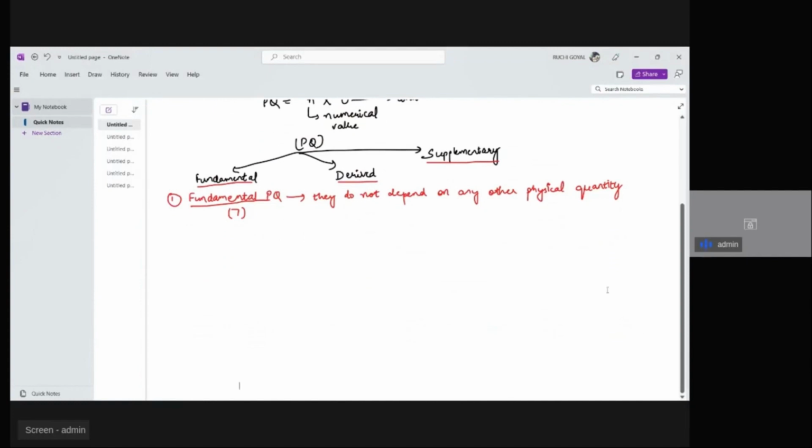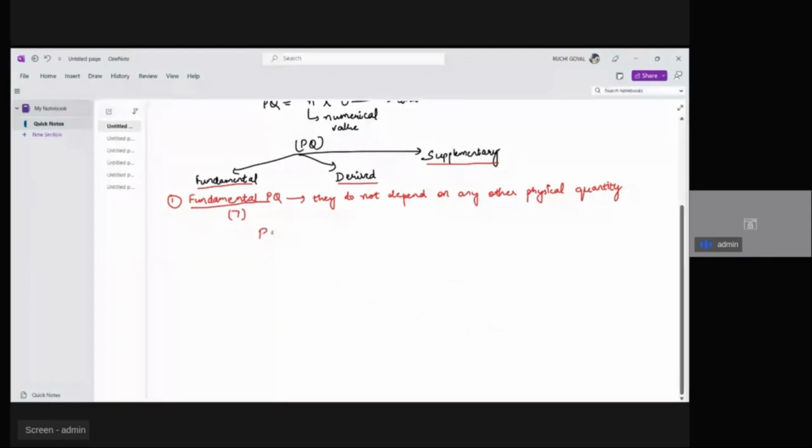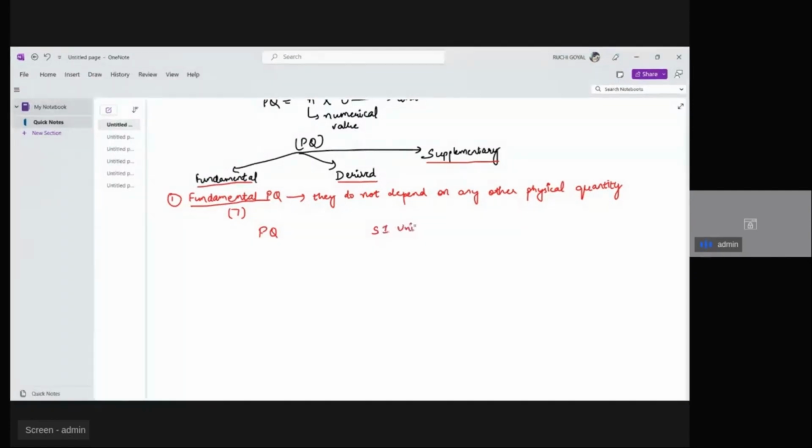So we will make a column here. Physical quantity means the name of the physical quantity, then its SI unit, as every quantity has some unit, and next is the symbol associated with that quantity, right? First one is length.